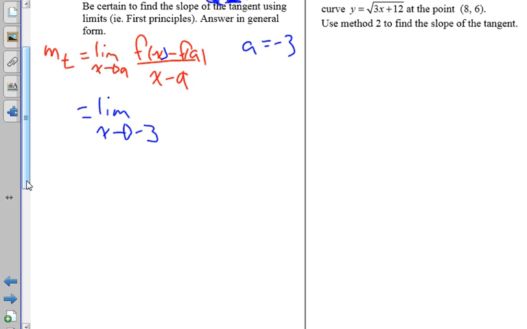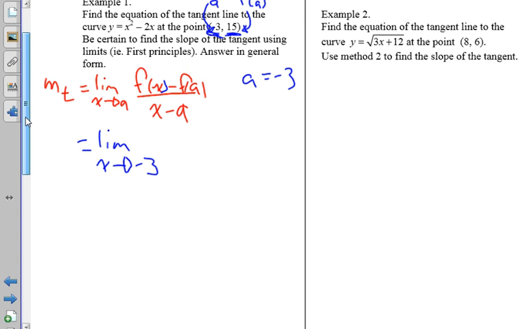So we have the limit as x approaches -3, and we want to put in all the blanks, right? So f of x we're going to replace with x squared minus 2x. And f of a we said was 15, so minus 15. And on the bottom we have x minus 3. Okay? And we're going to end up, those will both be plus.